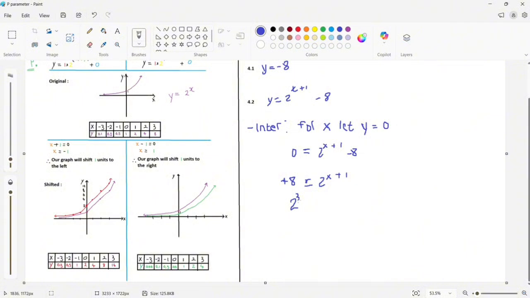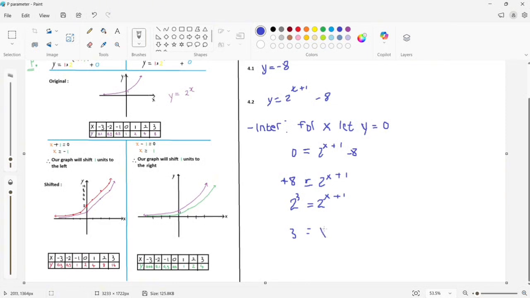Anyway, we change this into exponential form, where 2 to the power of 3 is the same as 8. Then you can logically see that the power has to be the same, 3, for these two values to be the same.